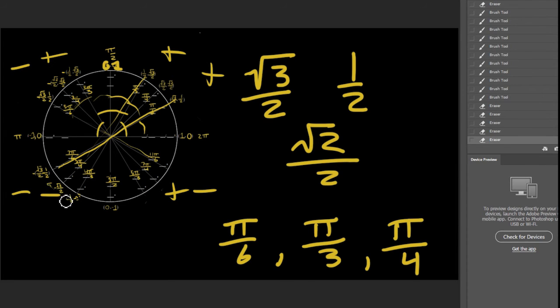Same thing all the way over here too. So it's just a pattern. You just have to remember all these numbers, and then put that together through logic and pattern. That's it. That's how you figure out the unit circle. Give it all you got. Can't stop now.